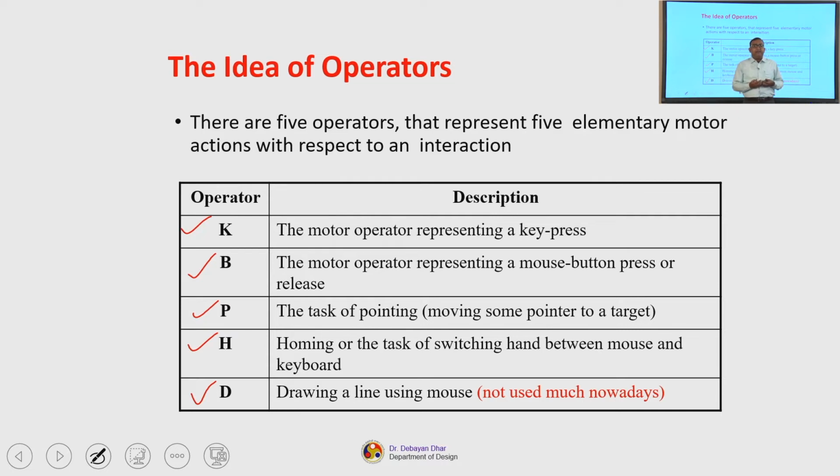Operator P means the task of pointing, moving some pointer to a target. Operator H means homing, or the task of switching the hand between mouse and keyboard. And operator D is drawing a line using a mouse, though this is not used nowadays.